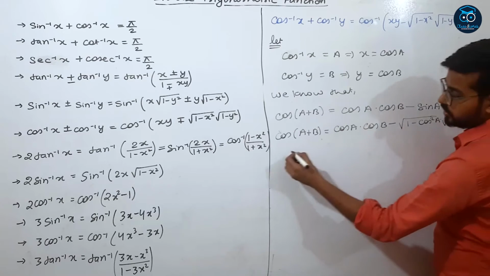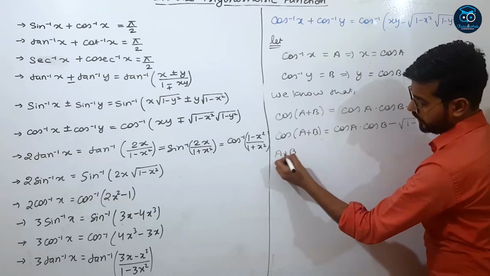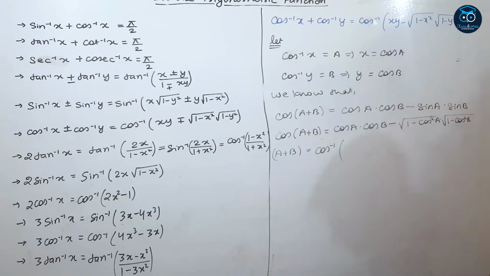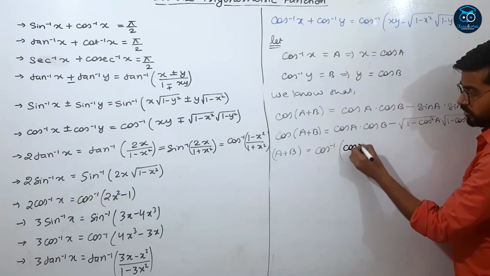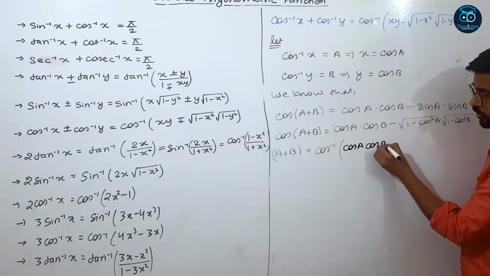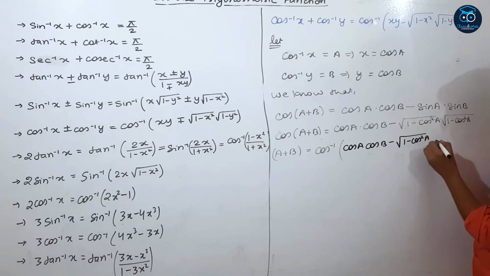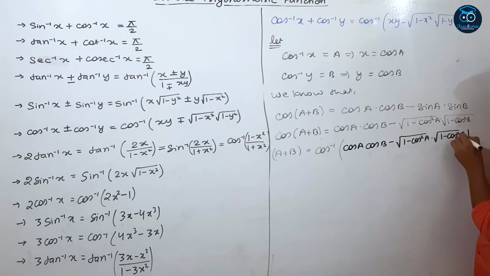If we transpose this cos, we get a plus b equals cos inverse of cos a cos b minus root of 1 minus cos square a into 1 minus cos square b.